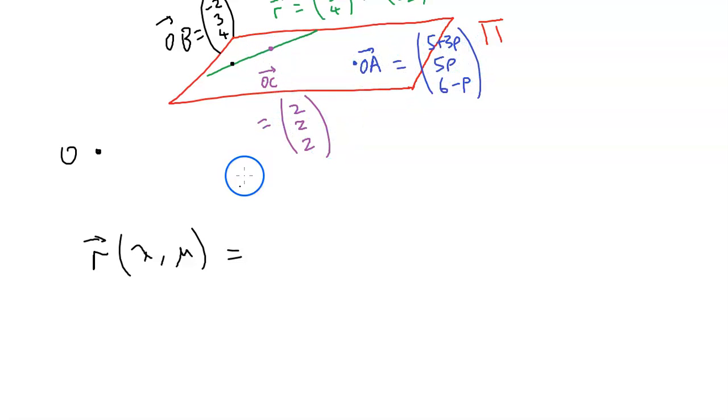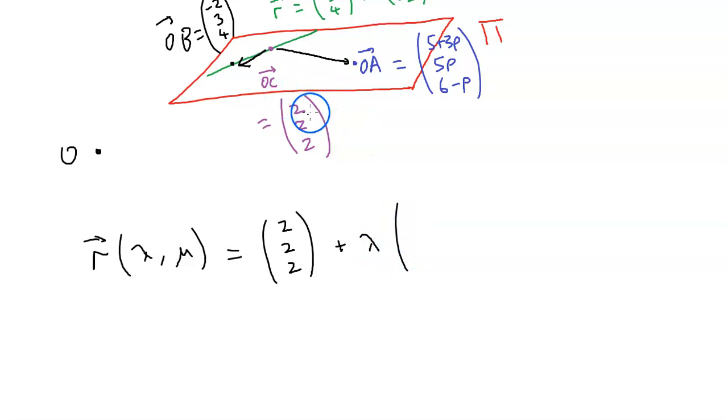So let's take OC to be our initial vector this time, and then take the vectors CA and CB. OC is the vector (2, 2, 2), plus lambda times CA, which is OA minus OC. So that will be (3 + 3p, 5p - 2, 4 - p).